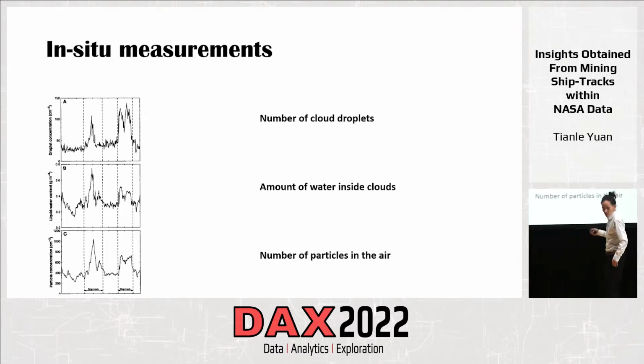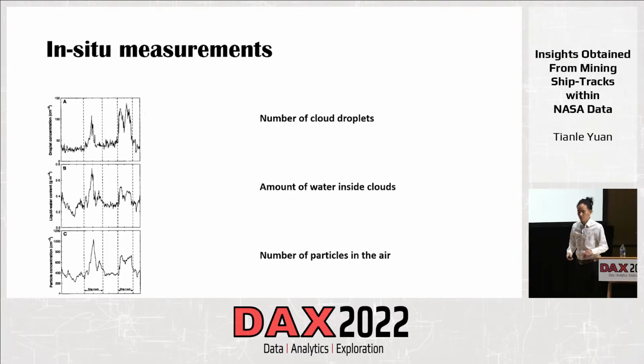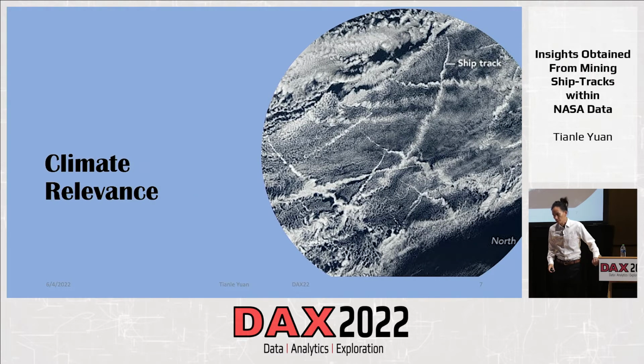They compared these features and determined that pollution emitted by ships has a huge impact on quantities like the number of cloud droplets, the amount of water in the clouds, and the pollution particles themselves. At the time, people were starting to be concerned with climate change.